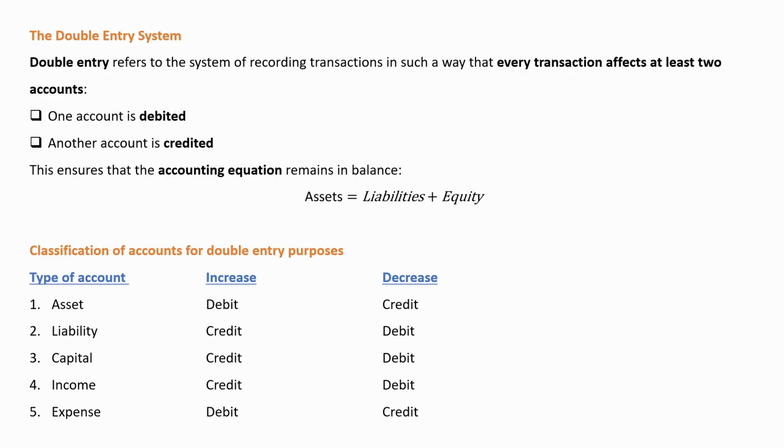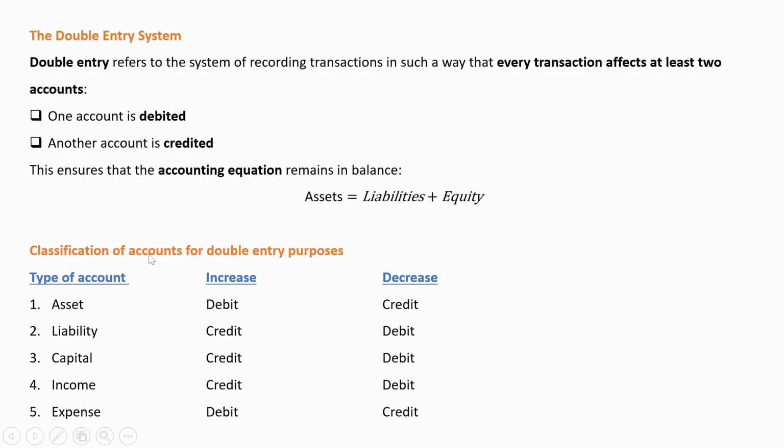So when you're looking at accounting for assets, and applying the double entry system, how do you know when you are supposed to debit the account and when you are supposed to credit the account? We have a summary here.